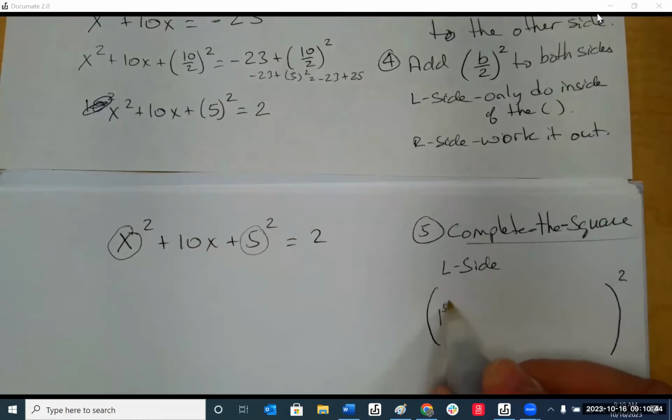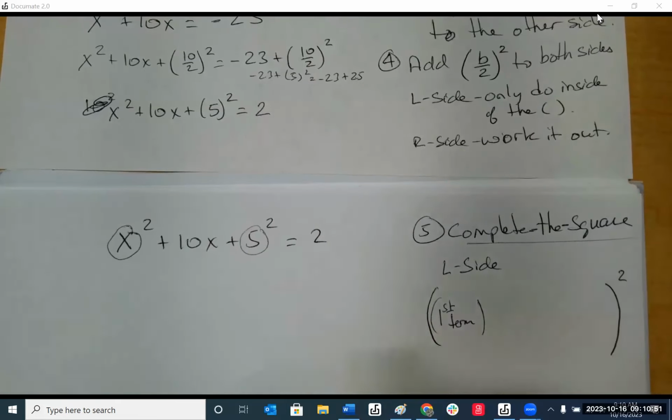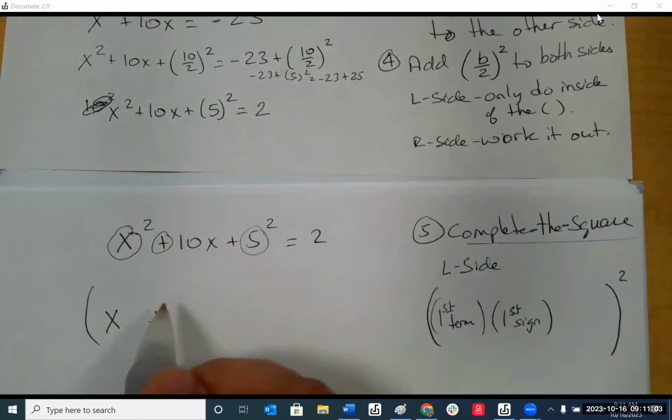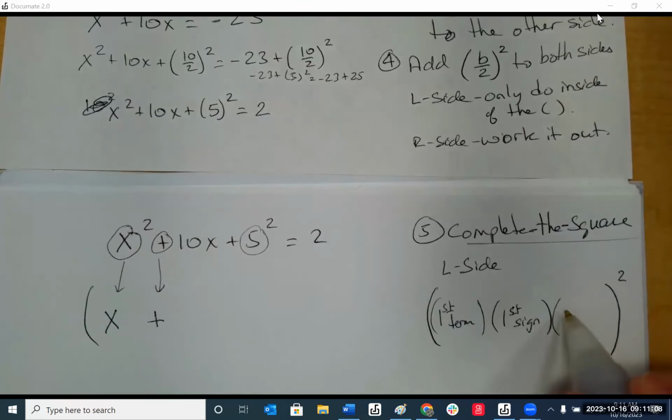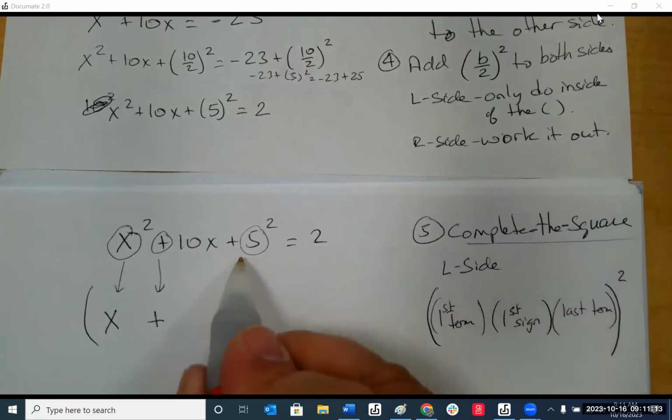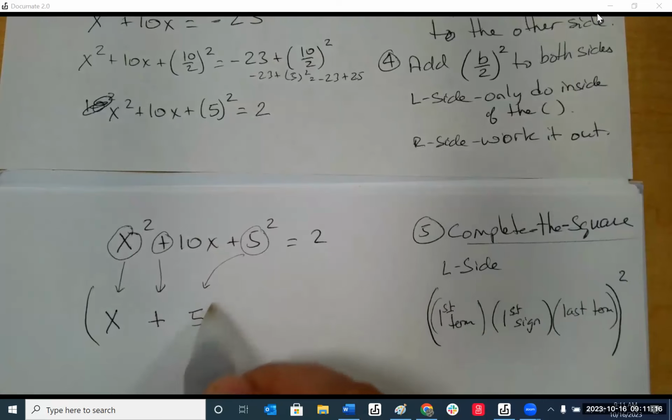So it's the first term, so it's x, the first sign, which is plus in this case, and the last term, because that is what we put under the square.